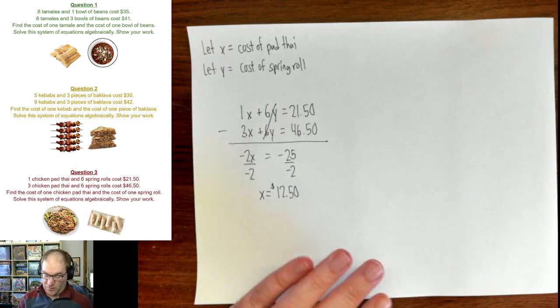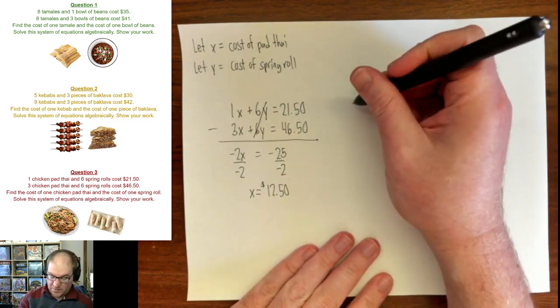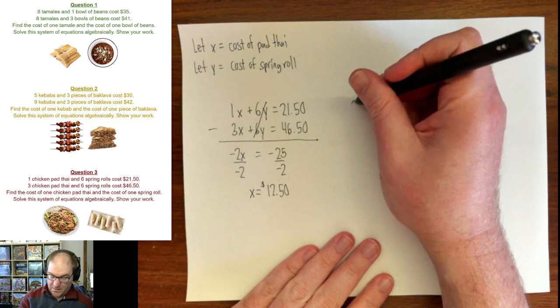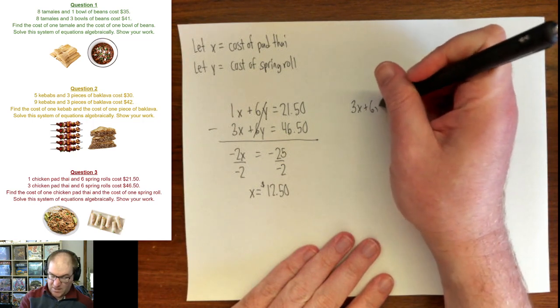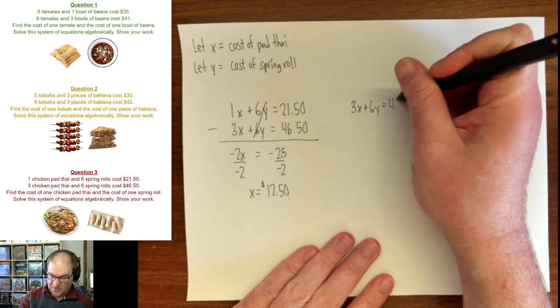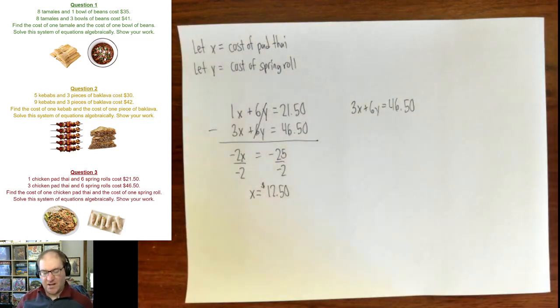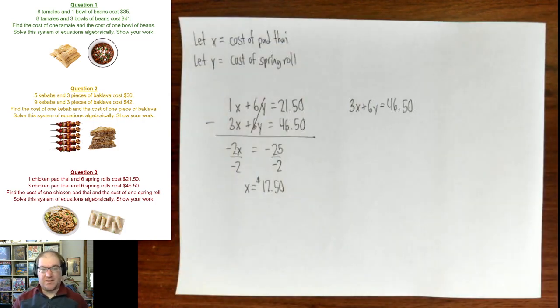Now to find the cost of spring rolls, pick one of the original equations. I'm going to use the bottom equation: 3x plus 6y equals $46.50. On the last question I said I always like to pick the numbers that are smaller, but in this one I picked the bottom one. It doesn't matter which equation you pick. You'll get the same answer for either equation.